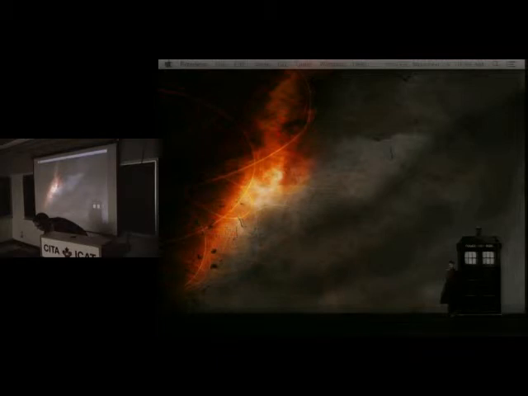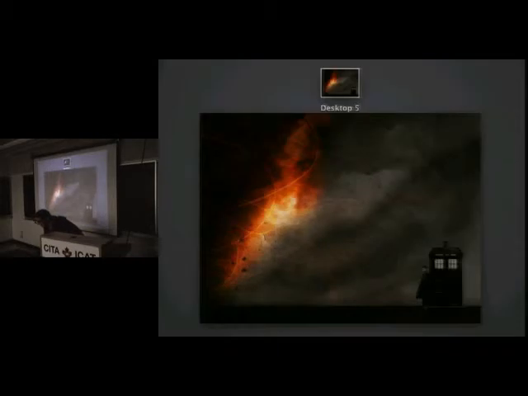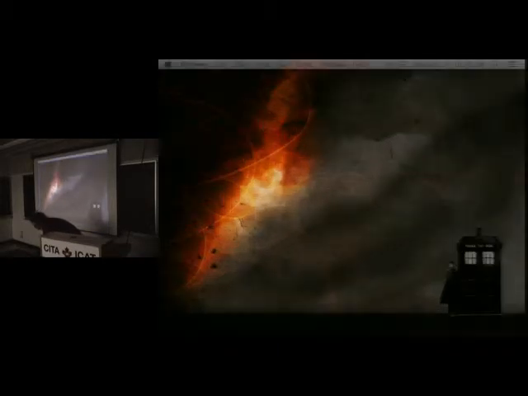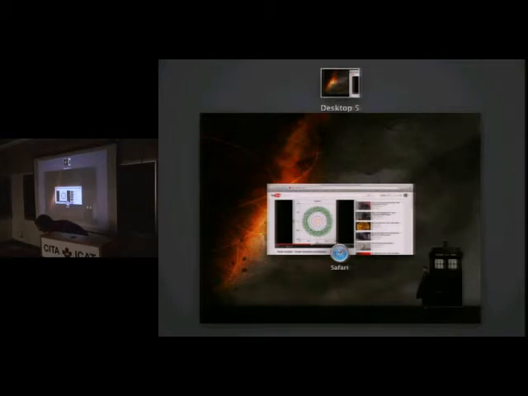And of course, there's a nice video of this, except if I make this full screen, I don't know how to make a video show up on here. Drag the window off the side of the screen so it appears like that. Oh, except now I can't. It's running now.